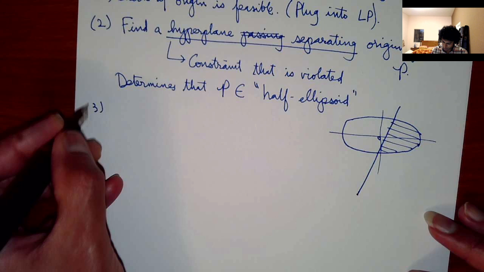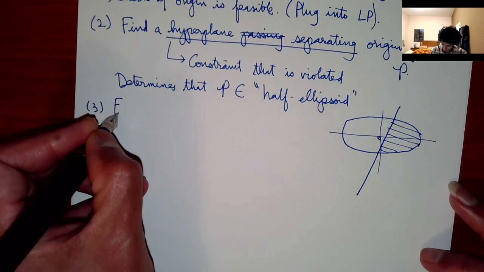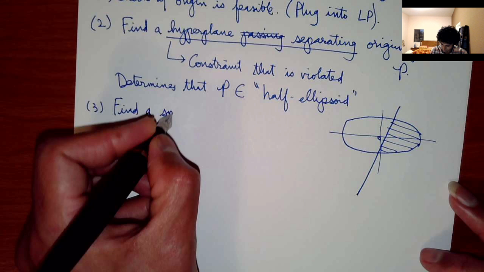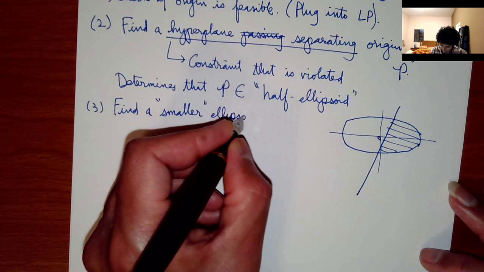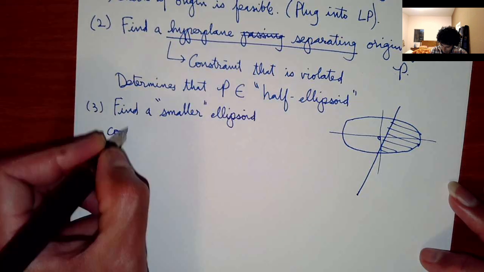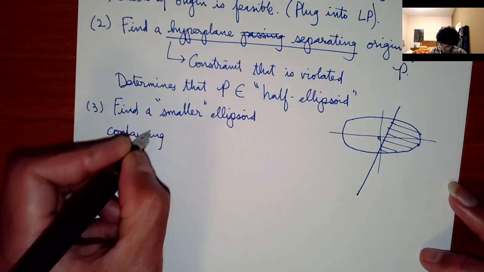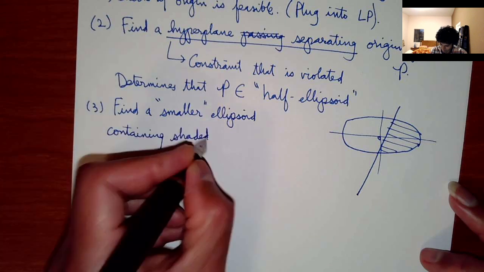Now what we do is we find a smaller ellipsoid containing the shaded region. And this is the magic.